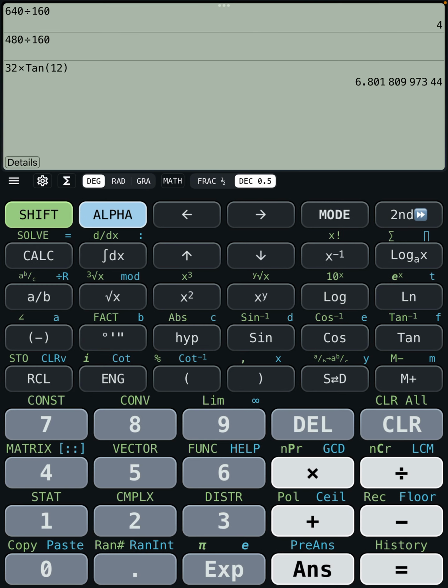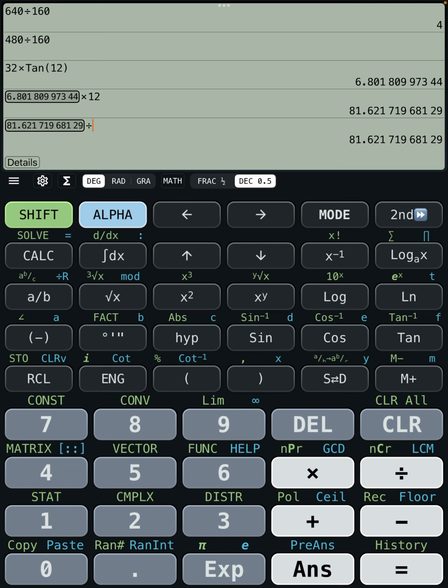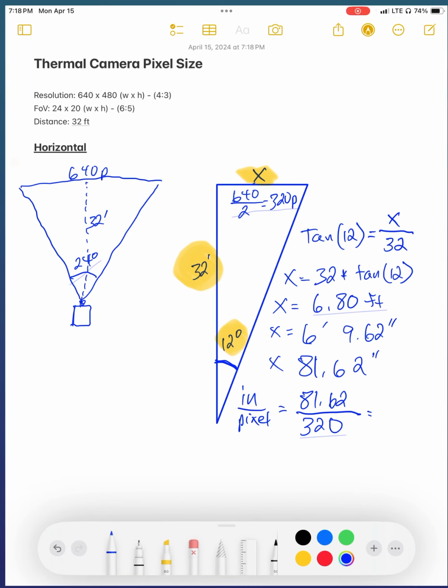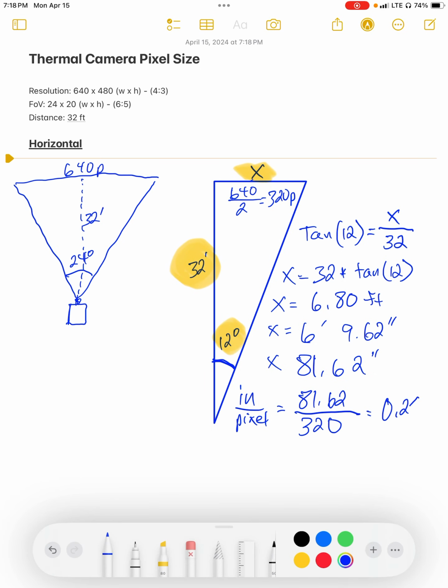So we take our 6.80 feet, multiply it by 12, that gives us our 81.62. And if we divide that by 320, it gives us a distance of 0.255. So each pixel is 0.255 inches.